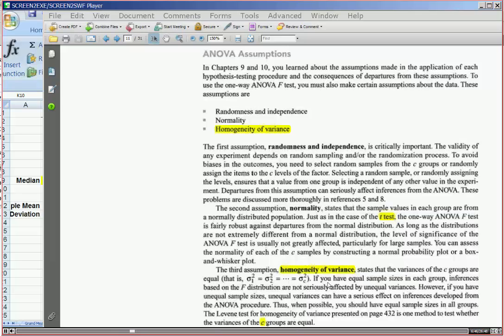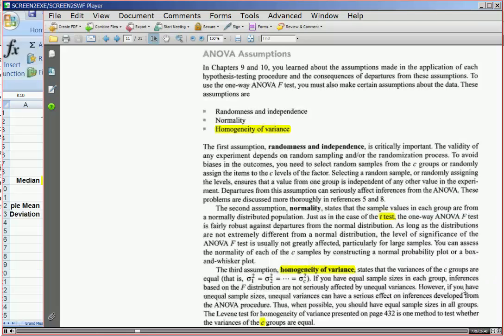We have 4 here. If you have equal sample sizes in each group, which we do, we have 5 samples in each of the 4 groups, inferences based on the F distribution are not seriously affected by unequal variances.